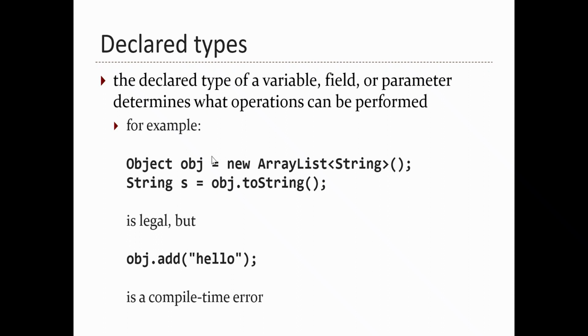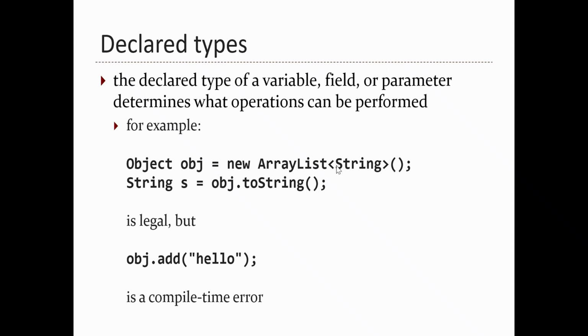Here I store an ArrayList in obj, and then here I call toString using obj. That's fine because the method toString is defined in the class big O Object.